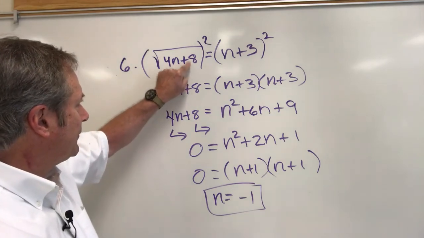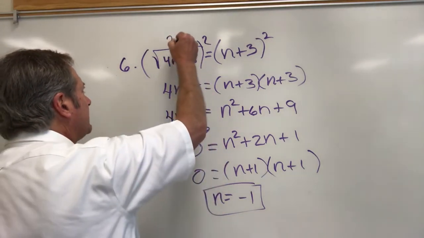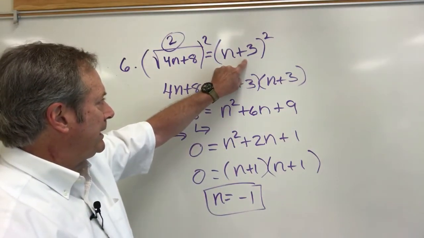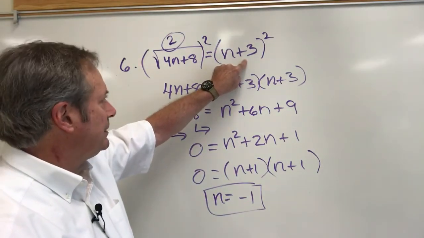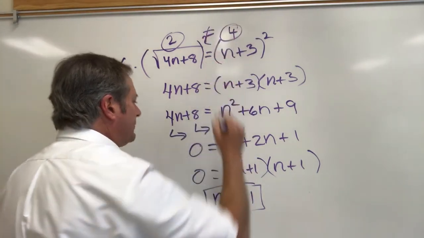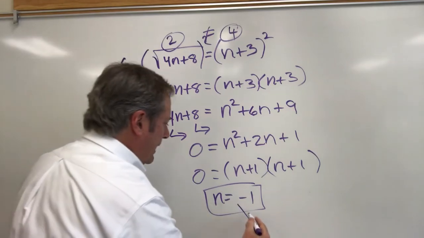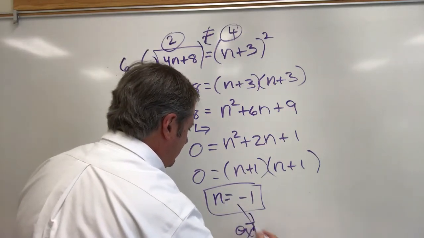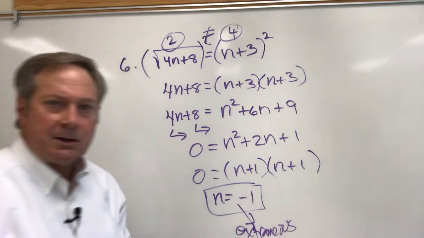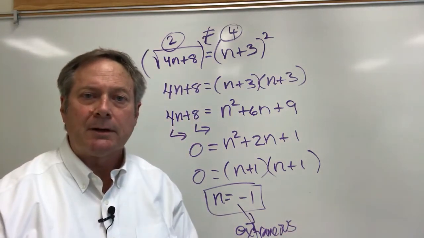Negative 4 plus 8 is 4. Square root of 4 is 2. Let's remember that. And over here, negative 1 plus 3 is 2. 2 squared is 4. And clearly, 2 does not equal 4. So not only is this extraneous, this particular equation has no real number answer.